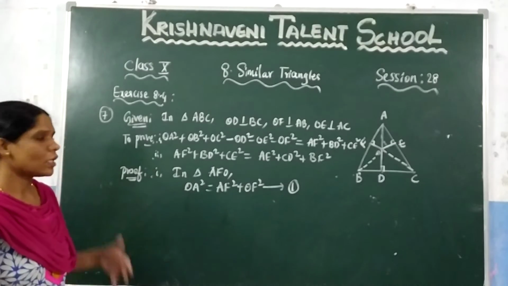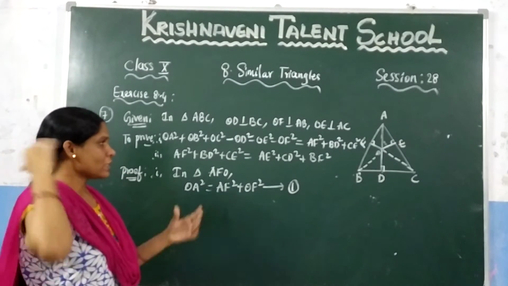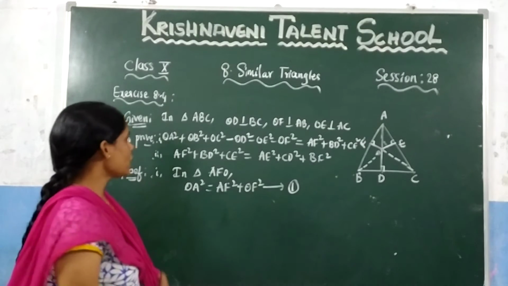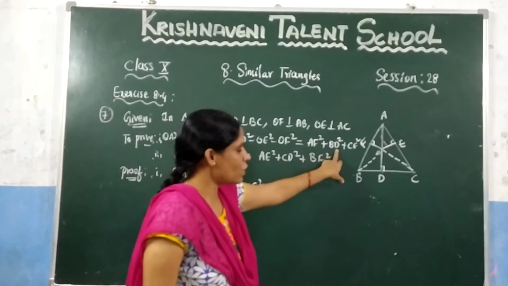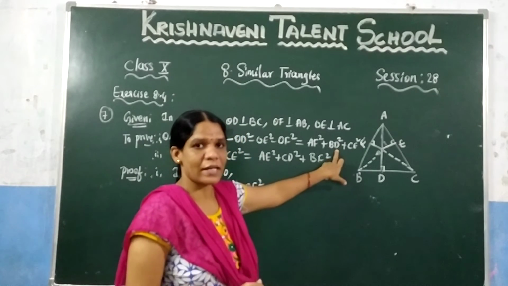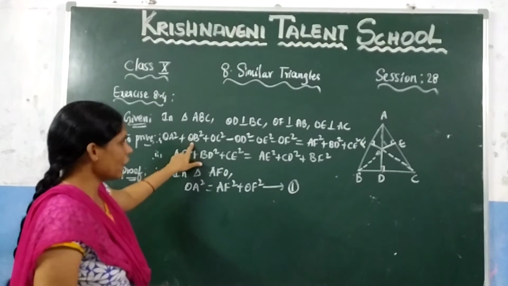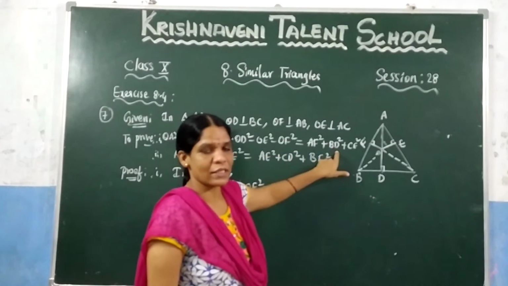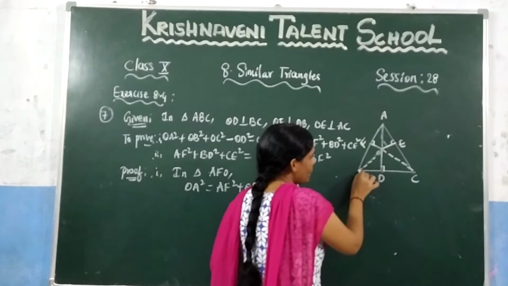Understood? Now let us see what sides they have given here. You can observe OB is given and BD is given. So you need to choose the triangle in such a way that these two sides should exist. So OB and BD. Let us see what the triangle is. Here OB is there and here BD is there.